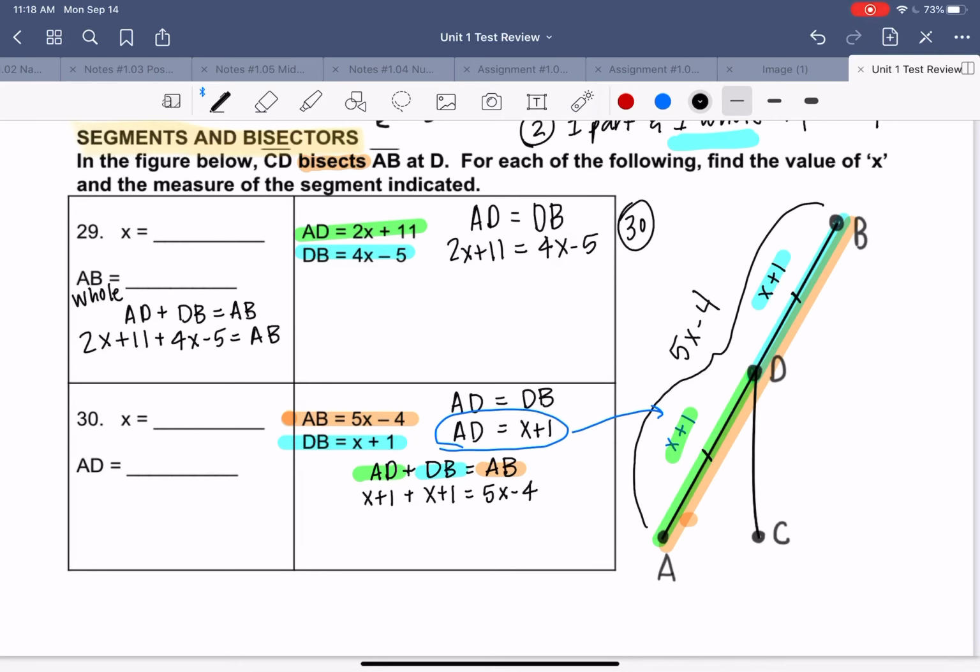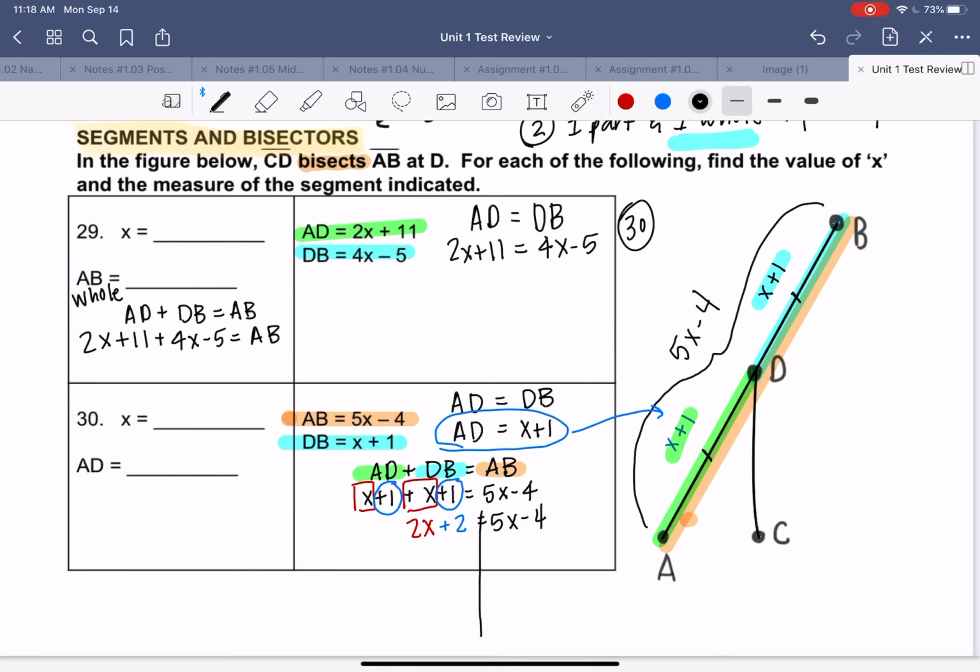All right, so now we just solve for x. So we're going to combine like terms. So I have an x, another x, so I have 2x, and then I have a positive 1 and another positive 1, so I have a positive 2 equals 5x minus 4. I'm going to draw my railroad track.